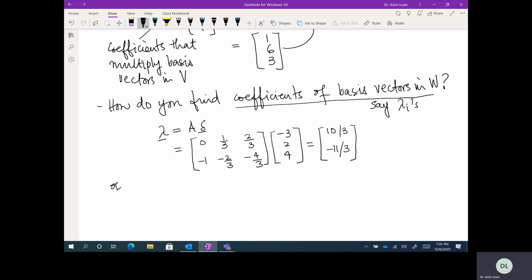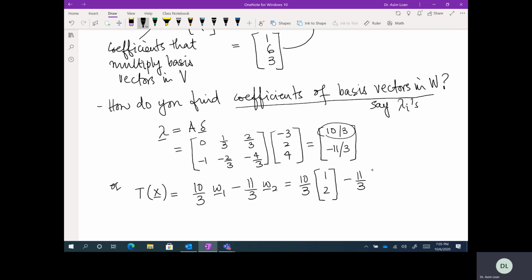So T times x should be equal to the first coefficients, 10 over 3 W1 minus 11 over 3 W2, which is equal to 10 over 3 times W1, which is 1 and 2, minus 11 over 3 times W2, which is minus 1, 1.